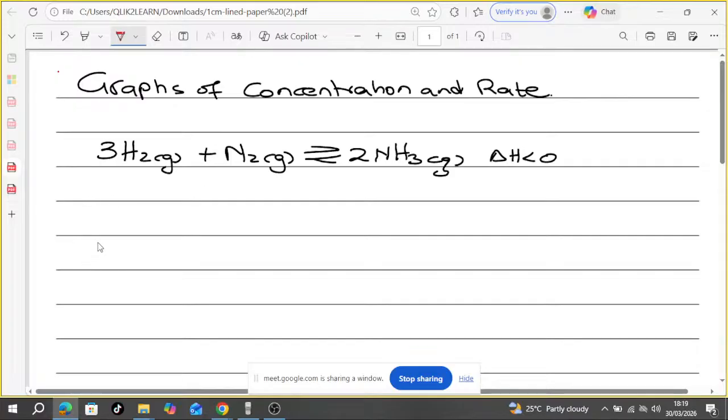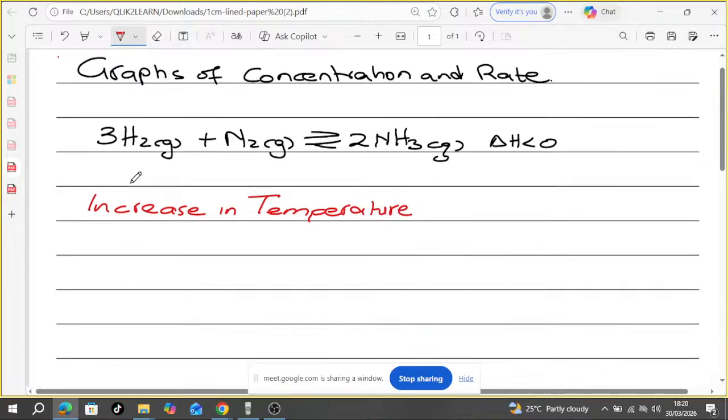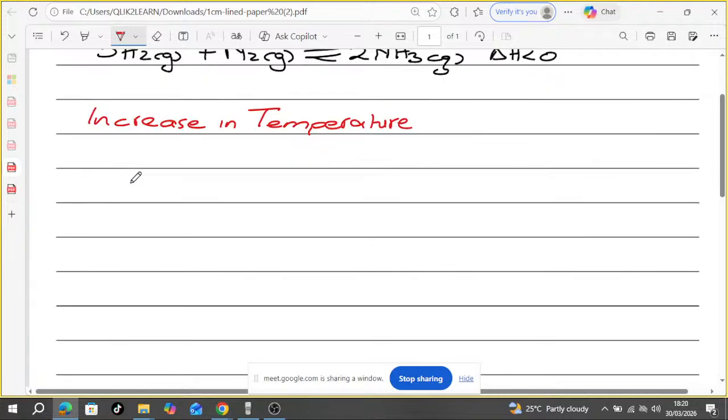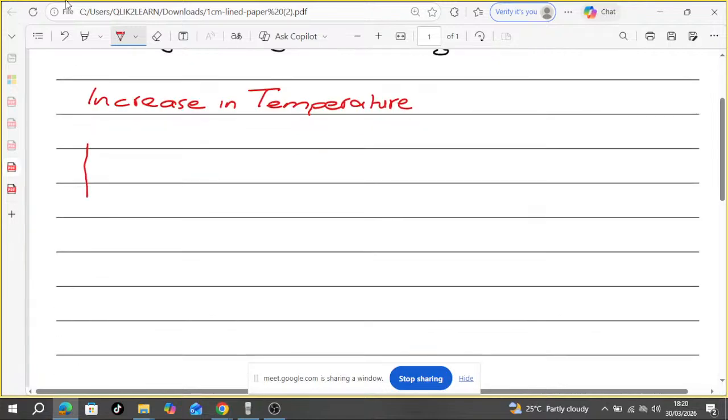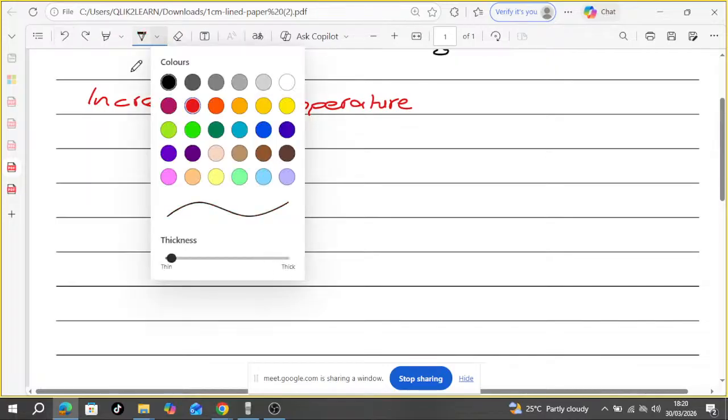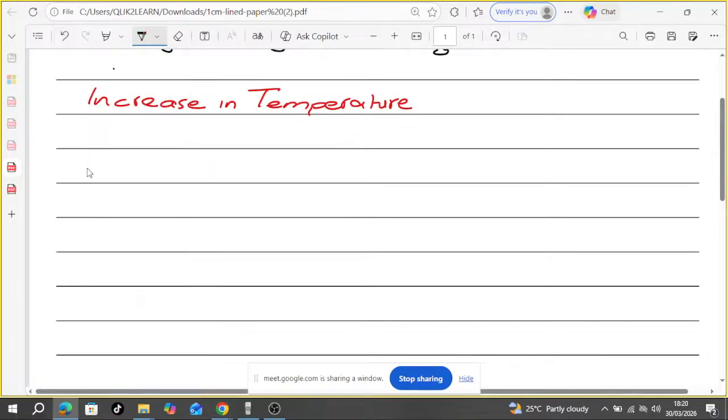So let's say we have an increase in temperature. What happens if we increase temperature? Let me quickly give you the graph, then we'll go through it together. Let's say I have a graph that looks like this.